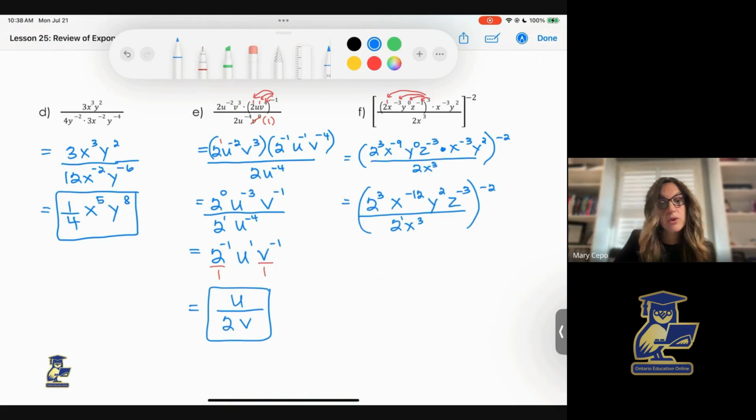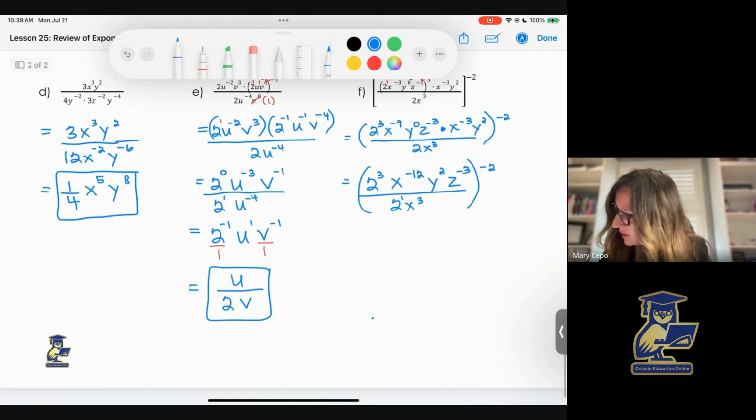Okay, now we're going to use the quotient rule. Again, we follow BEDMAS, so we have to simplify the bracket completely before taking it to the exponent of negative 2. So in this case, we would have 2 to the power of 2, since 3 minus 1 is 2. Keep those bases, x, so it would be negative 12 minus 3, which would be negative 15.